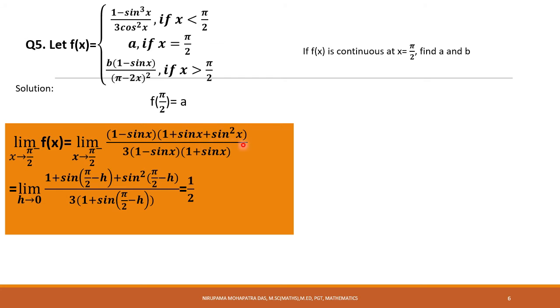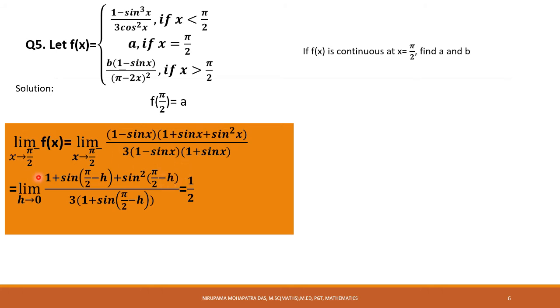A cube minus b cube is (a minus b) into (a square plus ab plus b square). Denominator is 3 times this, cos square x is 1 minus sine square x. So (1 minus sine x) into (1 plus sine x). And it is very clear, no? 1 minus sine x in numerator and denominator, this common factor can be cancelled out.